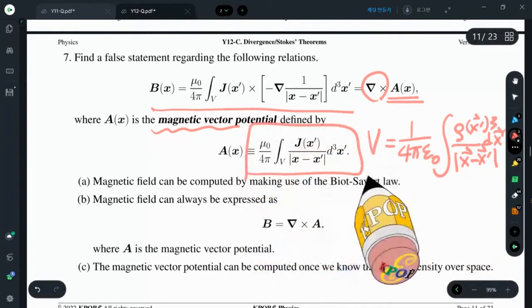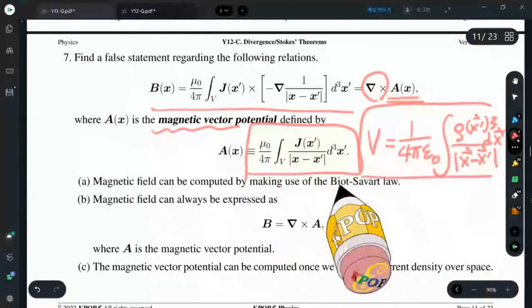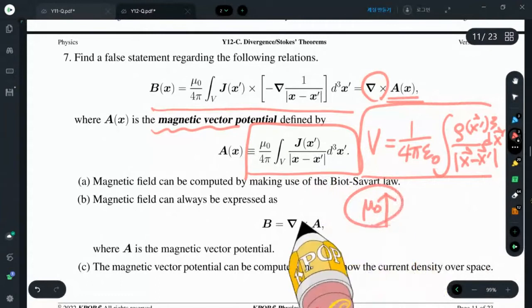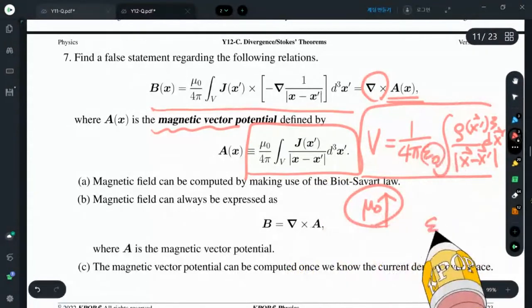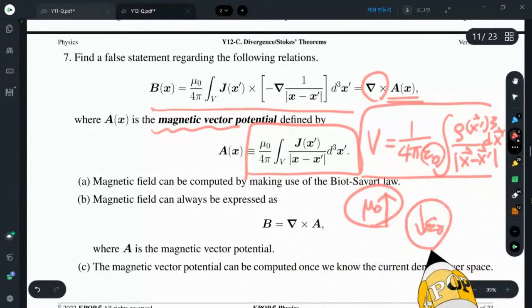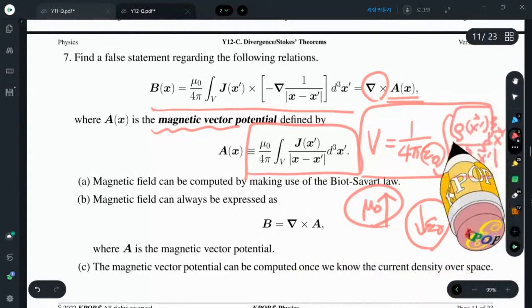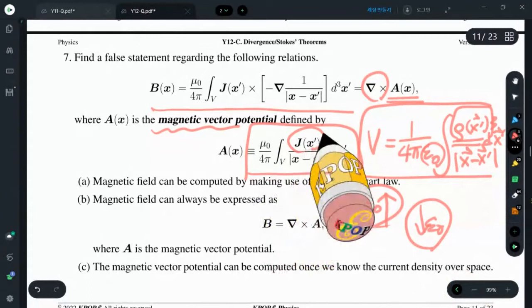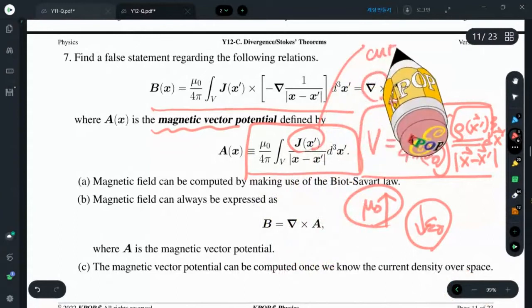They are very, very similar. The only difference is mu is in the numerator, epsilon 0 is in the denominator. This is a charge density. This is a current density.